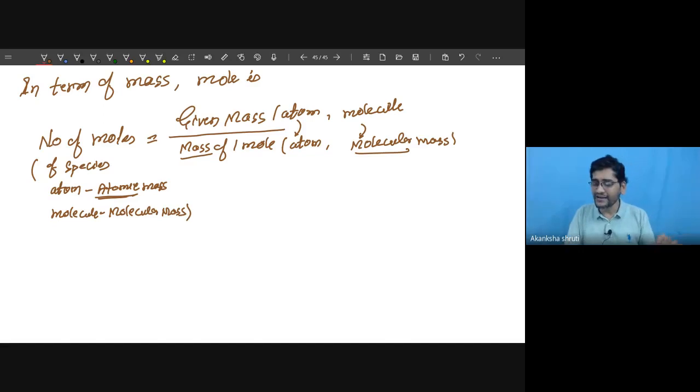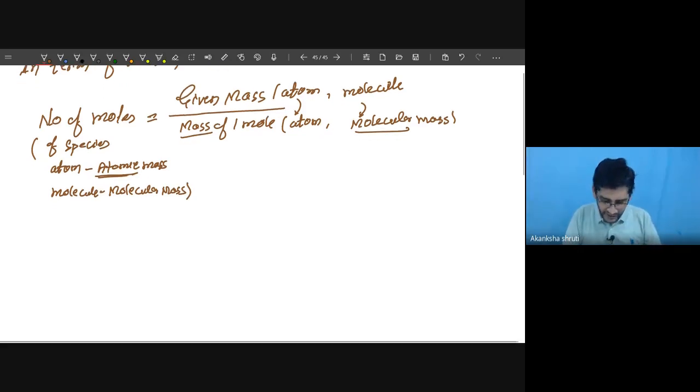So this is another alternate, very simple formula. The number of moles n can also be obtained by knowing the given mass.